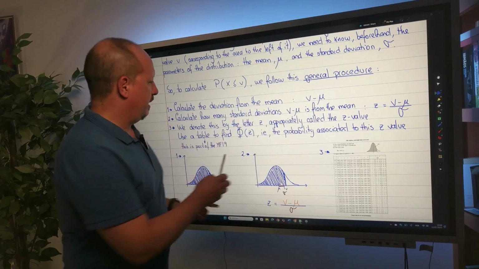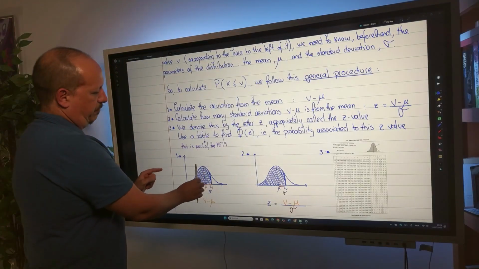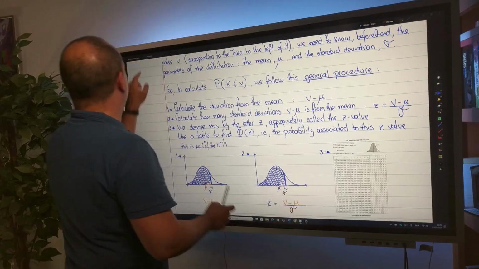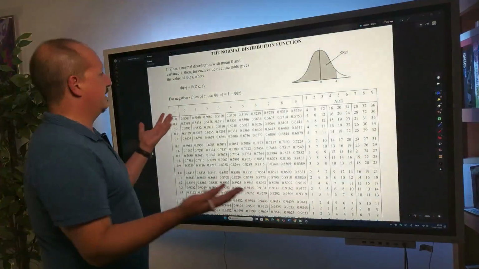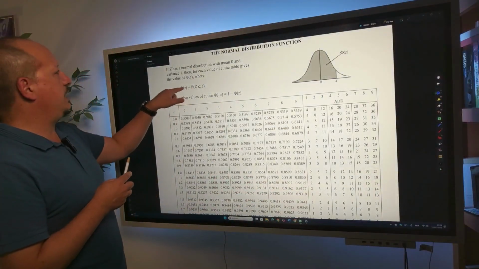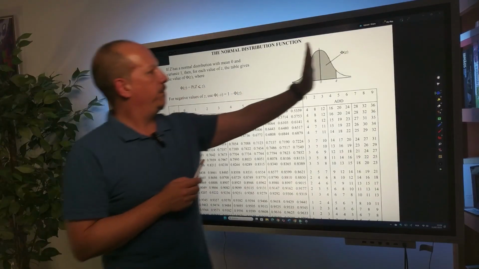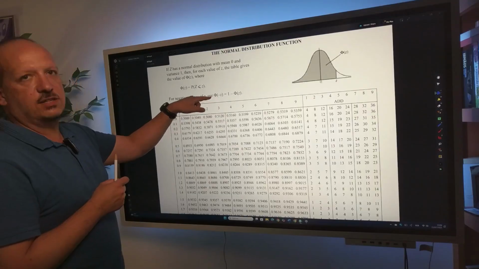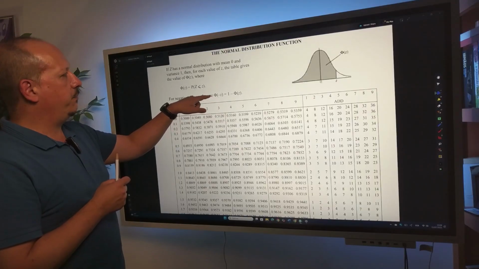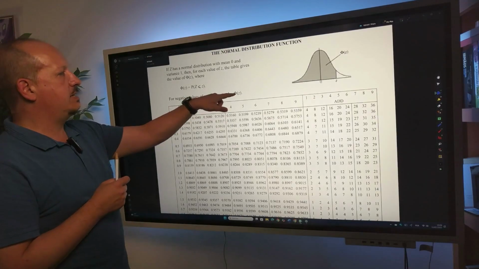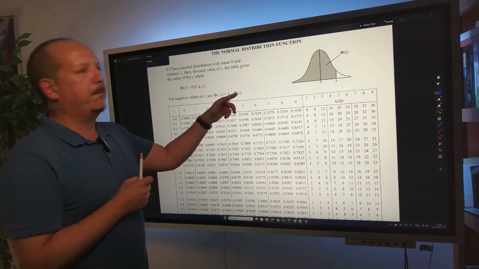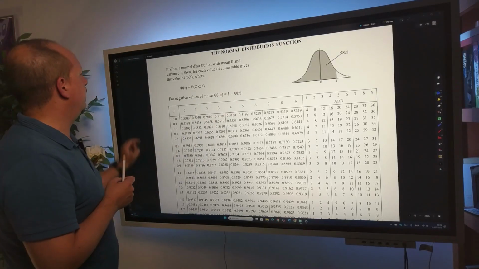What if v is to the left of the mean? Then this table wouldn't be helpful, because, as it says, the z-value has to be positive. What do you do instead? Actually, this tells you what to do. You just do, again, 1 minus the probability associated with the positive z-value. That's what I have here as well.